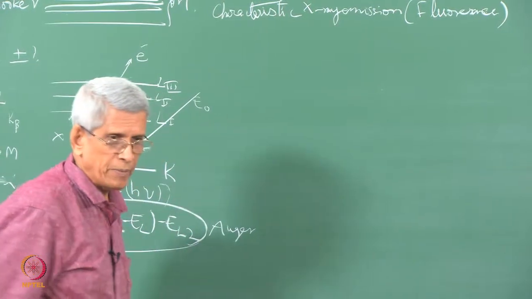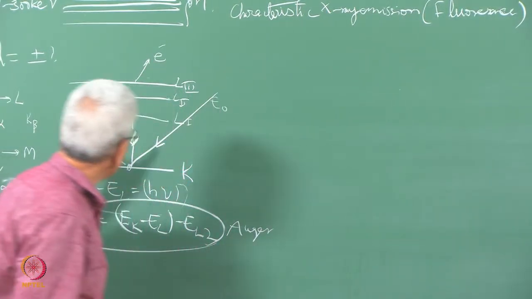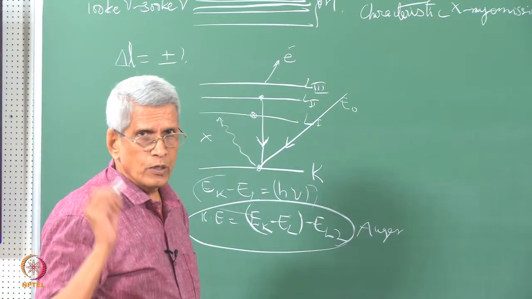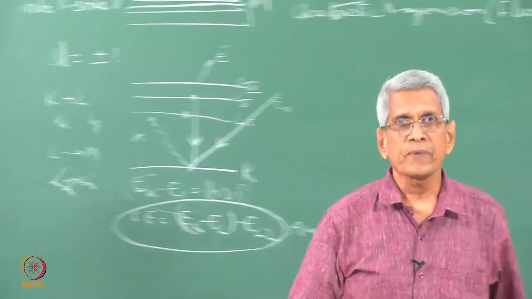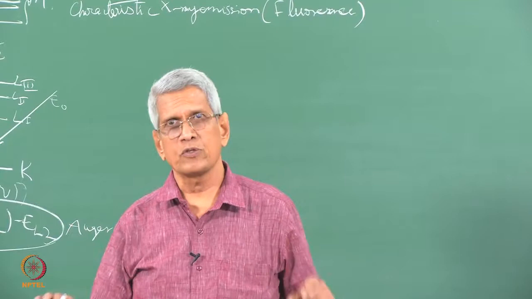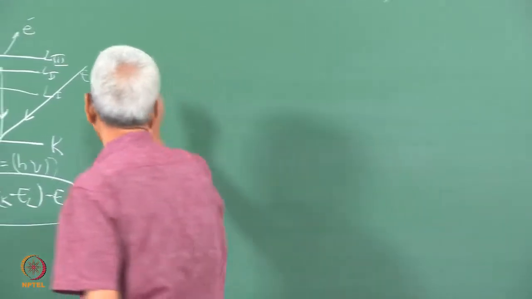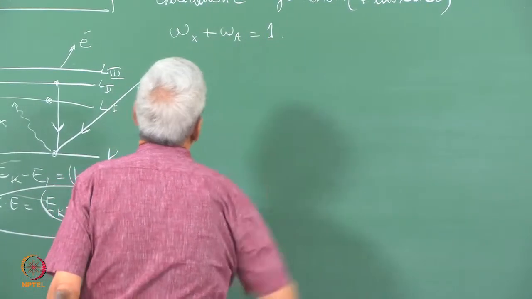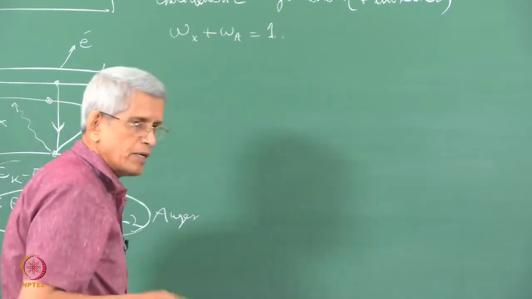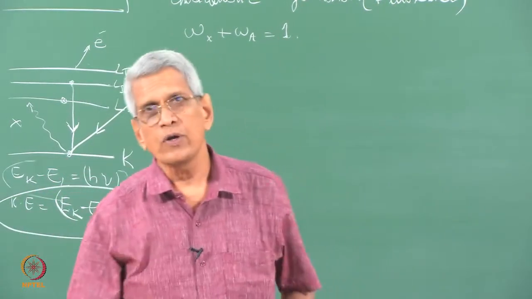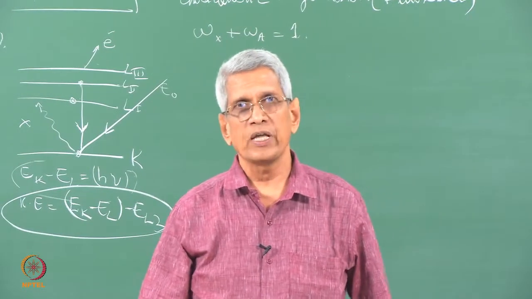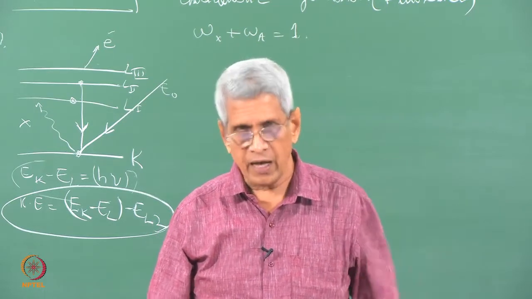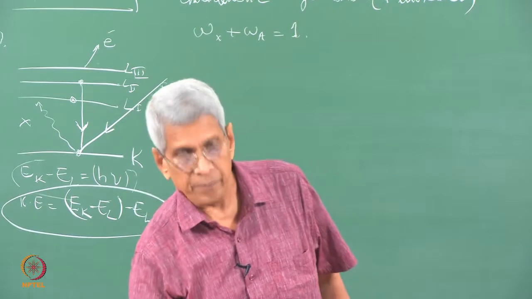The other is Auger emission. That means that the sum of the probabilities of both processes, W for X-ray plus W for Auger, should be equal to 1. The question arises, why am I talking about all these things? Because when we want to find quantitative information about the elements present on the surface, this information about the yield is very important.